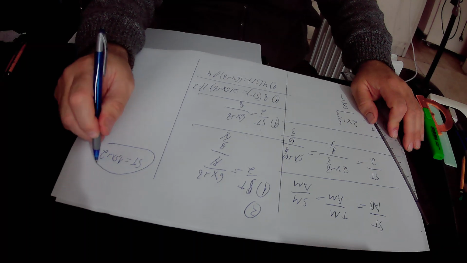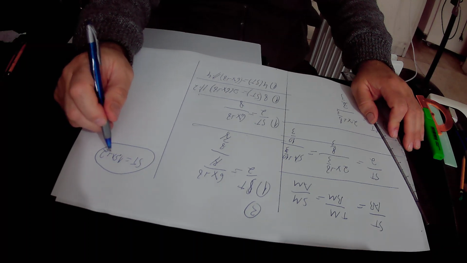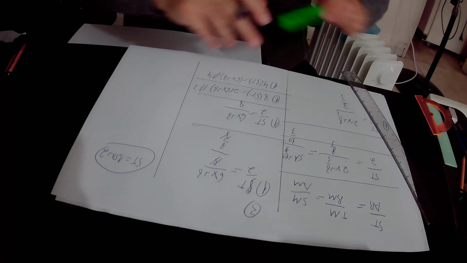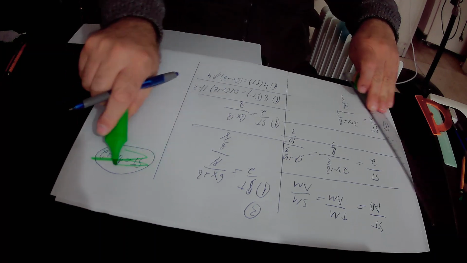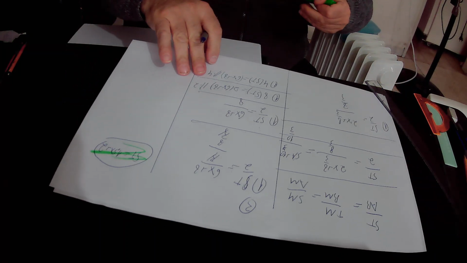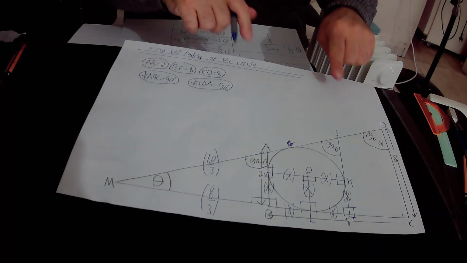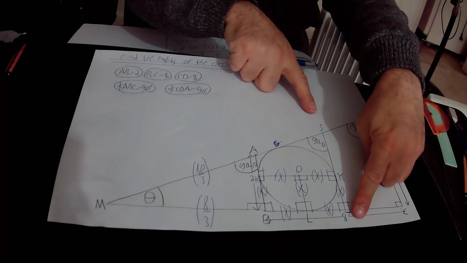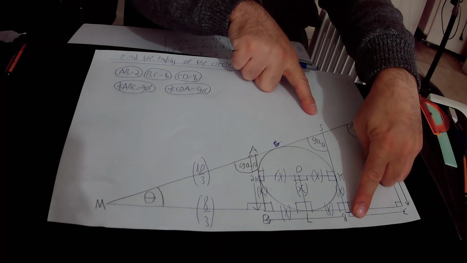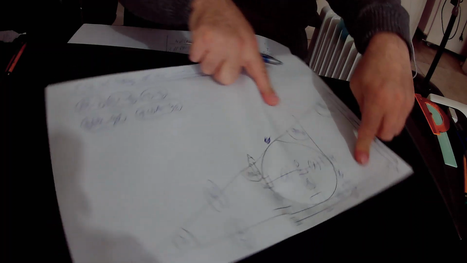So in conclusion, we found out that ST equals 1.5x plus 2. So we can write down in the drawing itself that the length of this line segment ST equals 2 plus 1.5x units.